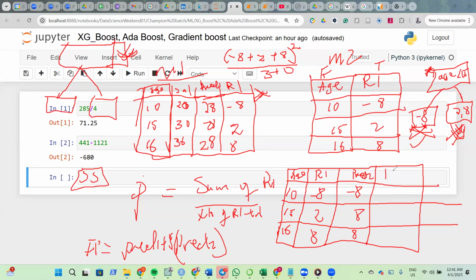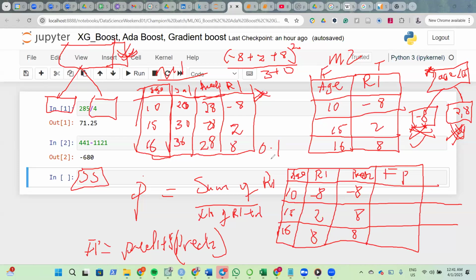My final prediction will be following the same formula: Pred 1 plus learning rate multiplied by Pred 2. What was my Pred 1? What was this average? 28, right? If you take the learning rate, let's use 0.1. It's another hyperparameter, you know that already.